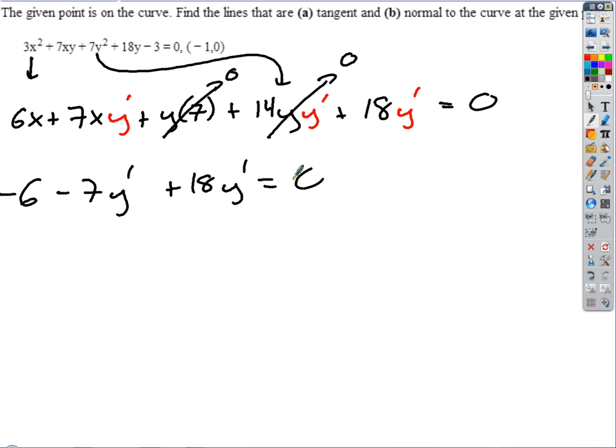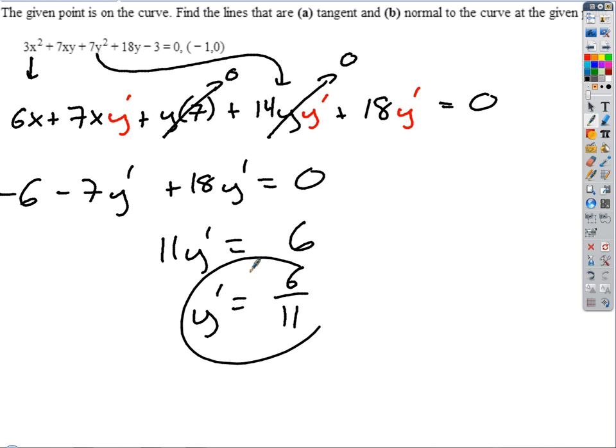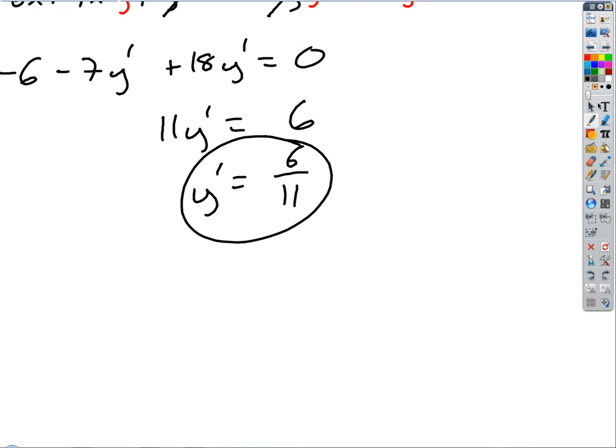We get -7y prime plus 18y prime is 11y prime, and if I add 6 to the other side, y prime just equals 6/11. So there's our slope, and that's the slope of the tangent line. We got our point, so there you go. Slope of the tangent line is 6/11.